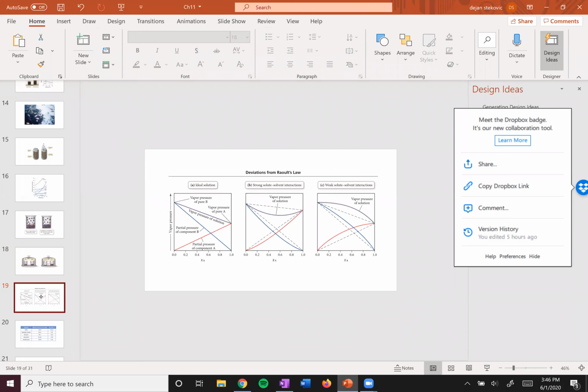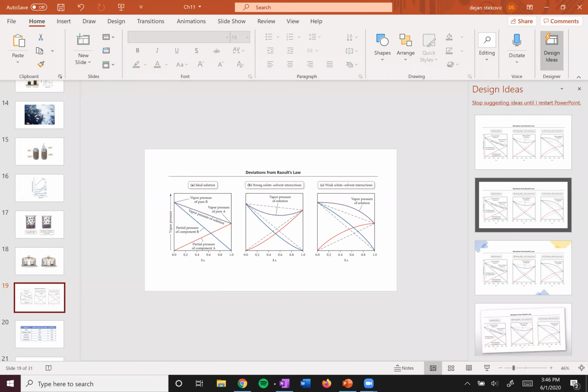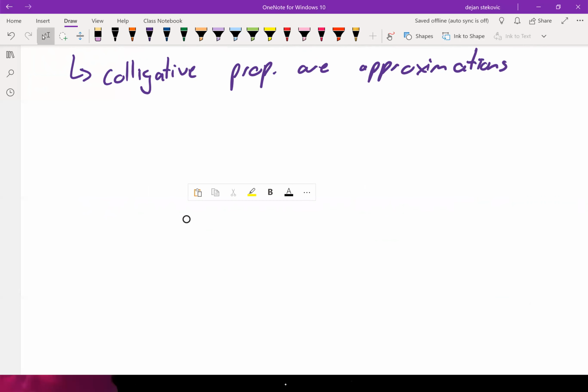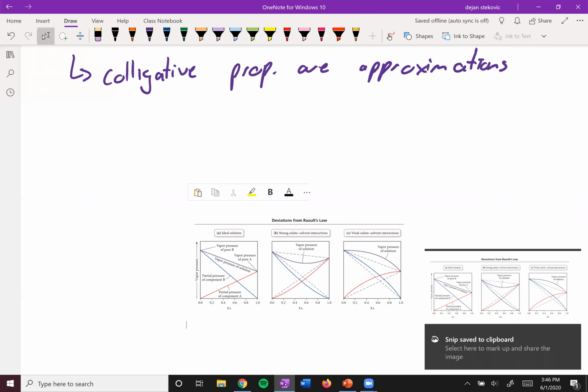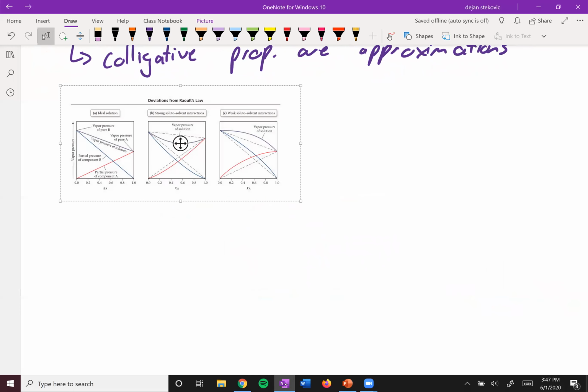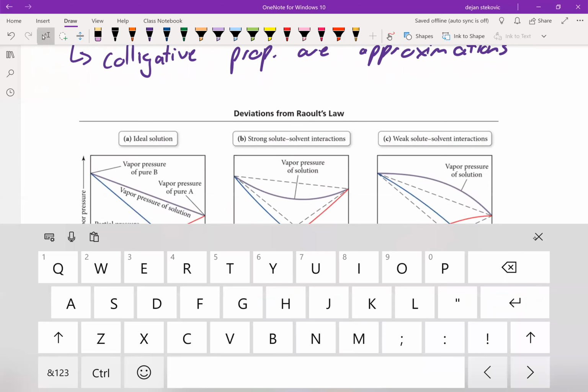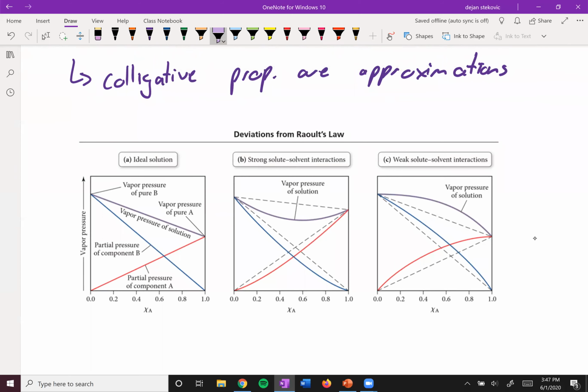So let me just show you this diagram right here. On the left here, we have what's called an ideal solution.